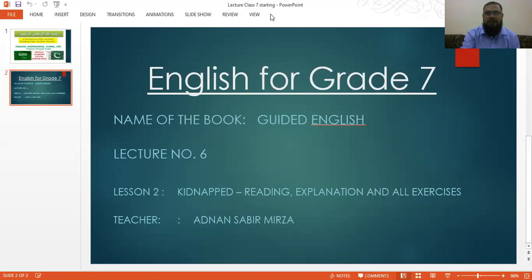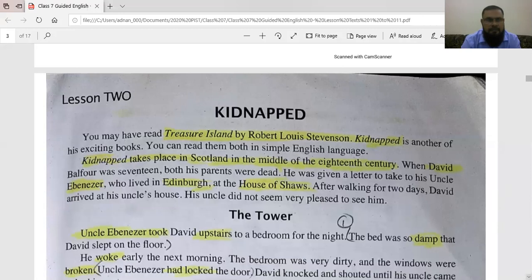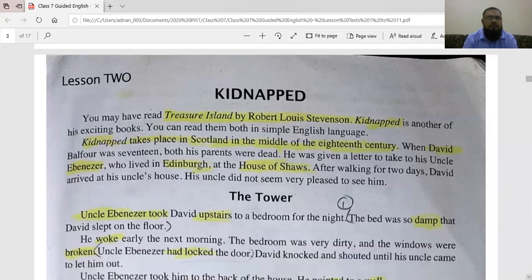First, we'll do the reading of this lesson. Lesson 2, Kidnapped. You might have read Treasure Island by Robert Louis Stevenson.